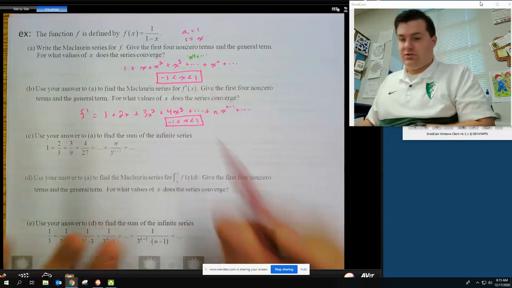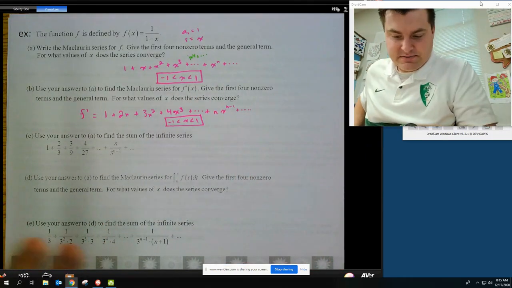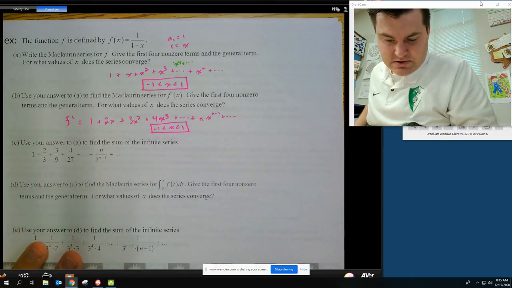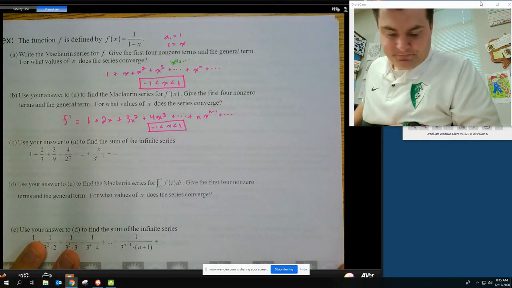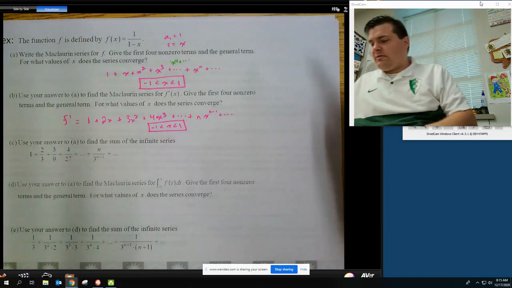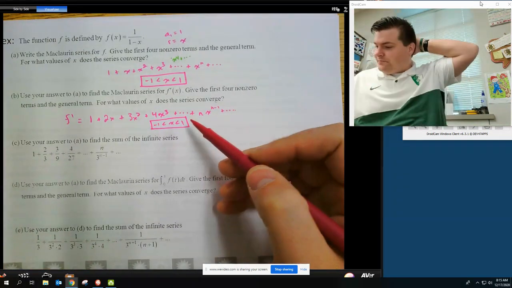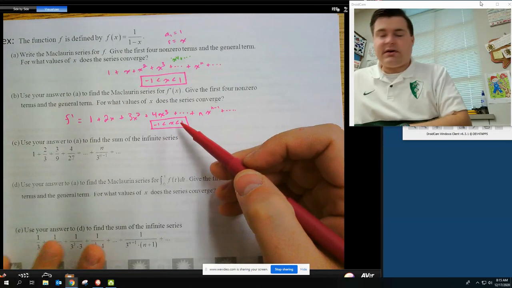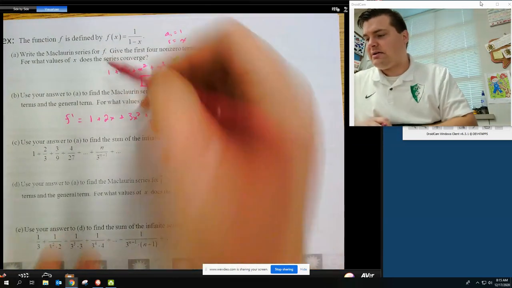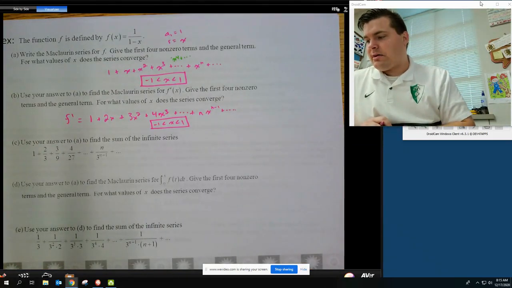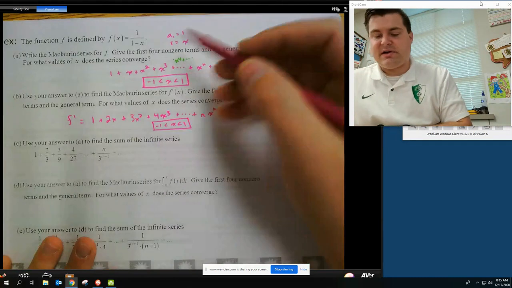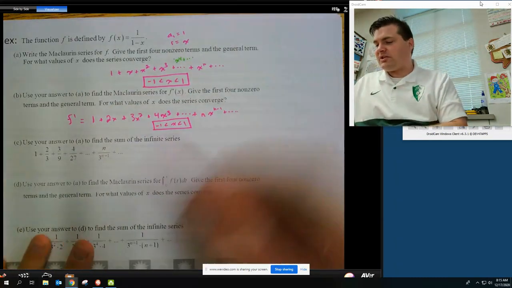Just double checking my notes, make sure I'm not missing anything. Okay, so it looks like I do have to check the endpoints for this one, just because it's not a geometric series. This one right here, the f prime. So I do need to check the endpoints.